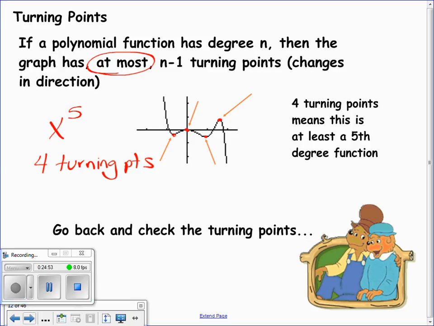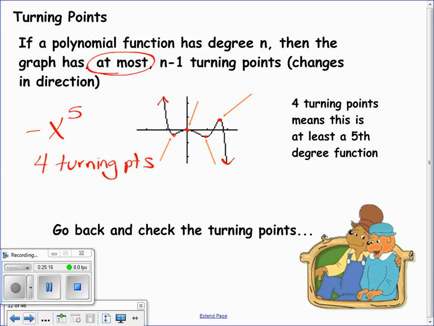Right. So this end behavior, is this a positive or a negative x to the fifth? It's negative. That's a squiggly down. So this would actually be negative x to the fifth. The reason it says at most is we graphed negative x to the fifth on that paper.